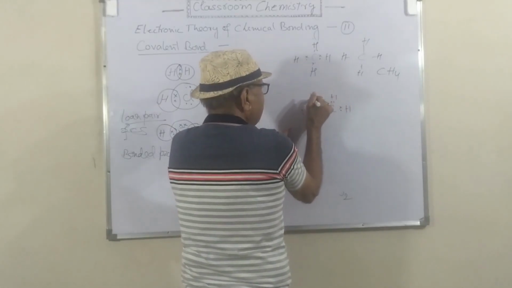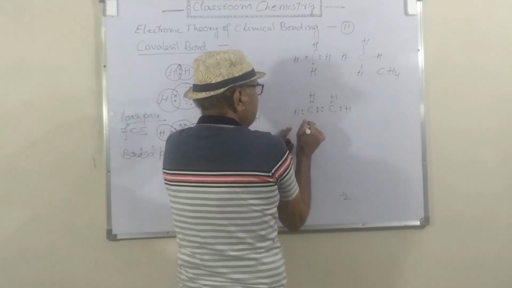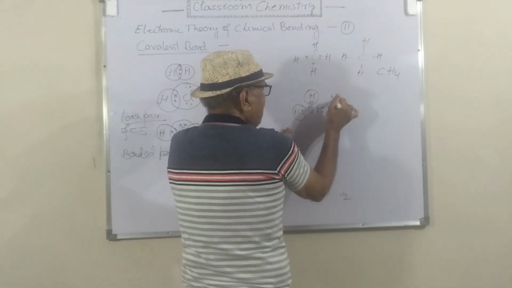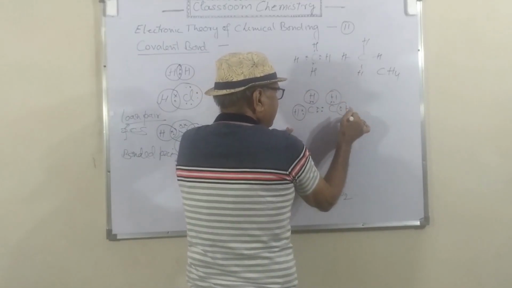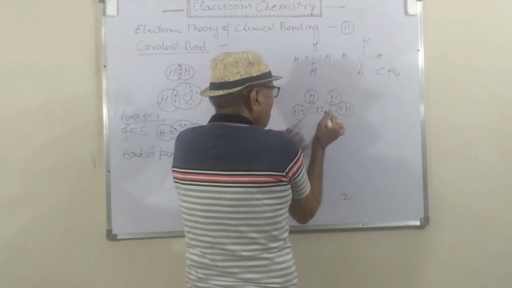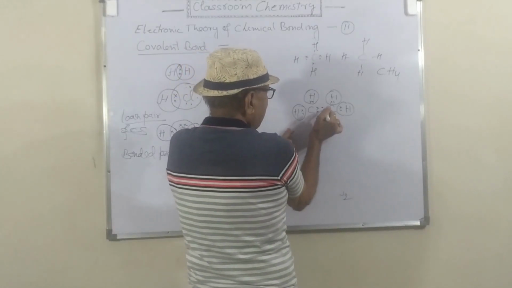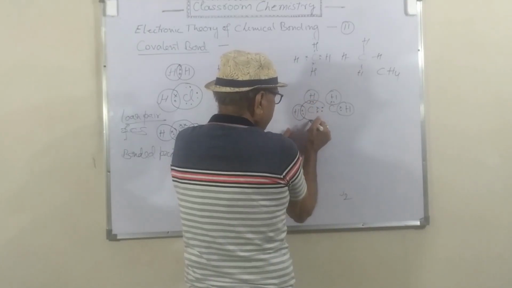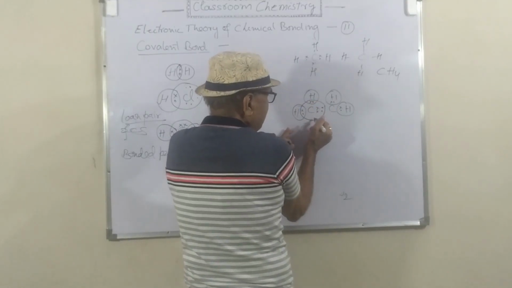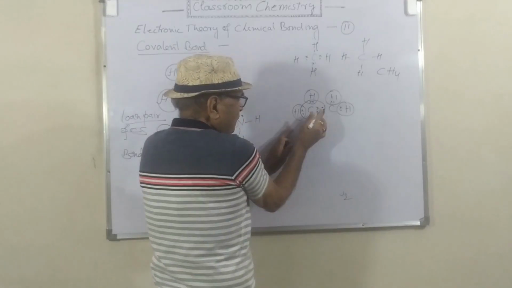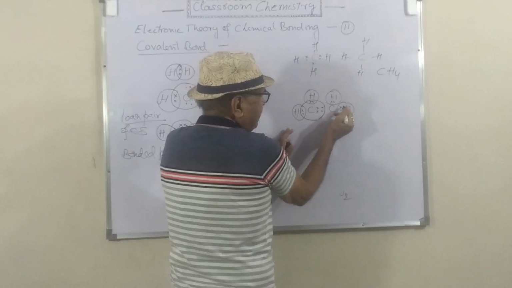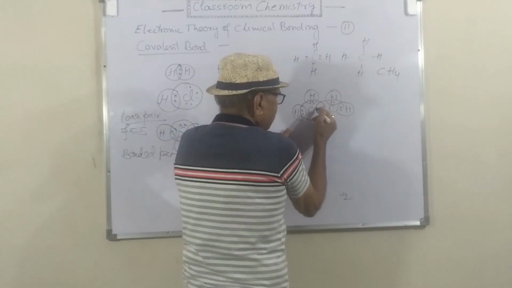This duplet of the hydrogen is formed here, and the octet of the carbon. This is the octet of this carbon. These 4 electrons will be counted to this carbon, and these 4 electrons will be counted to the other carbon.